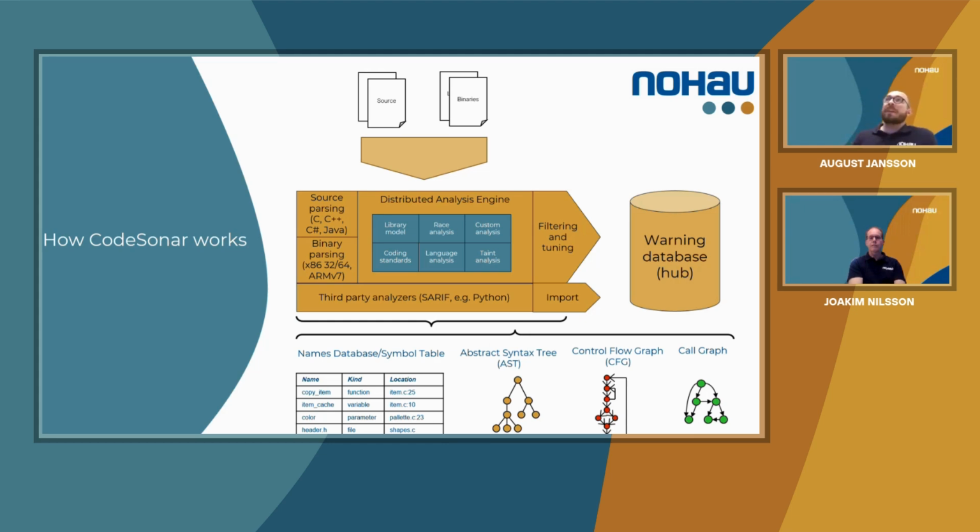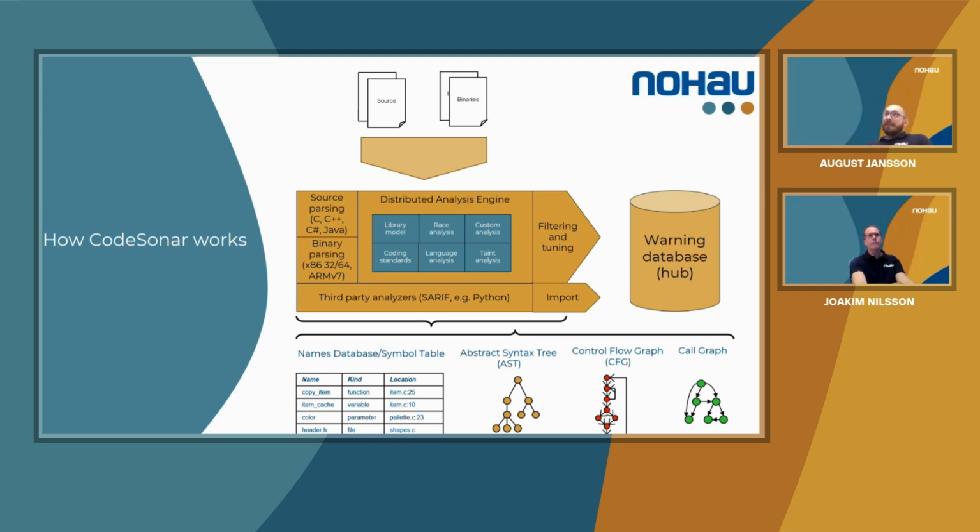So if you are using a third-party library, it will also analyze the library. So you will be able to find things that are not necessarily your fault, so to speak. And then you also have things like language analysis, which will check for things that you shouldn't have in production and so on.